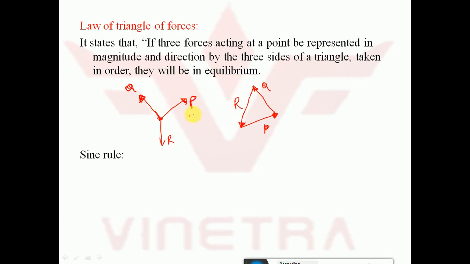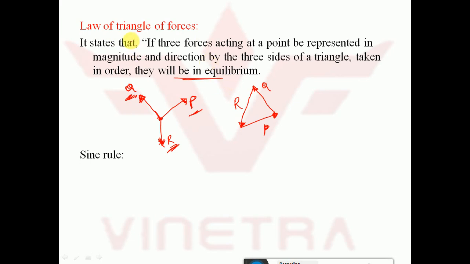See here, force P, force Q and force R. Here it is written as R, it is not the resultant, don't get confused; I have given the names as P, Q and R. If I am able to represent these three forces by three sides of a triangle, taken in order, P, then Q, then R, then they will be in equilibrium. This is called the law of triangle of forces.